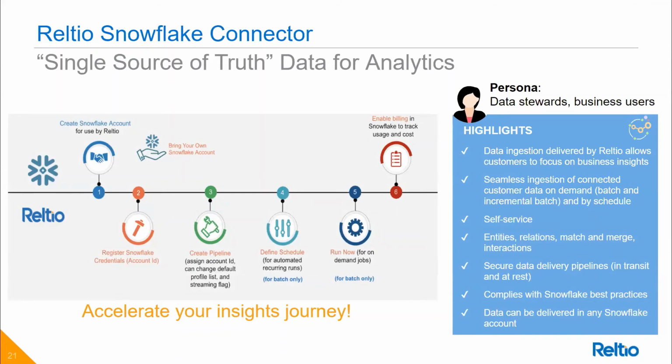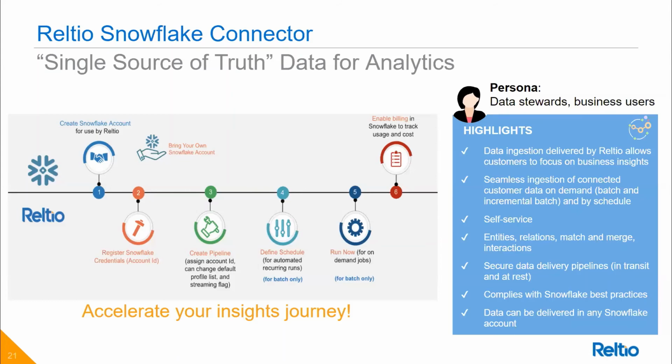So with this connector, we can now deliver entities, relations, match, merge, and interactions data in your Snowflake environment, in both batch and incremental batch mode. Self-service is always a fundamental pillar in all our product launches, and we have made sure that the initial configuration and the data delivery definition can be done without relying much on a technical resource.